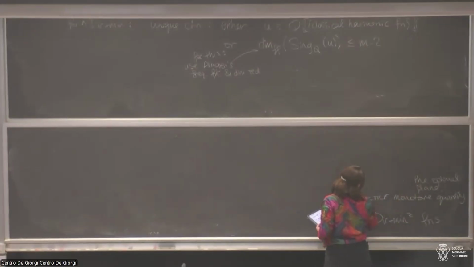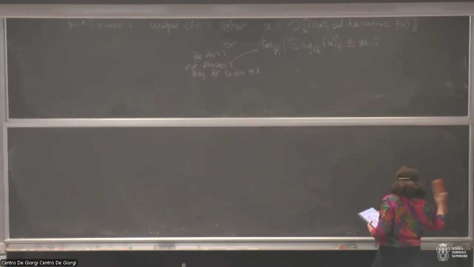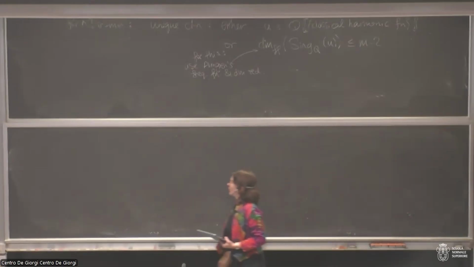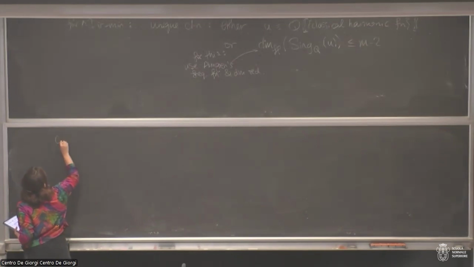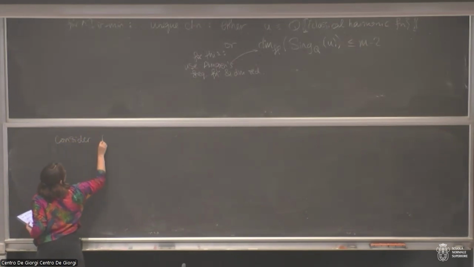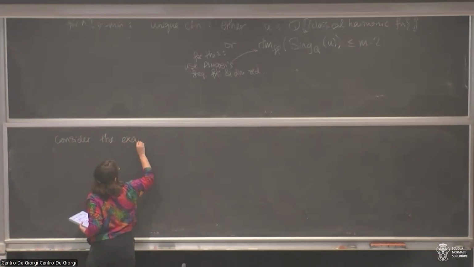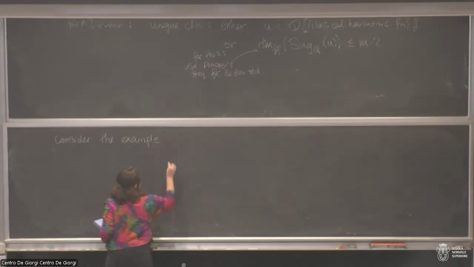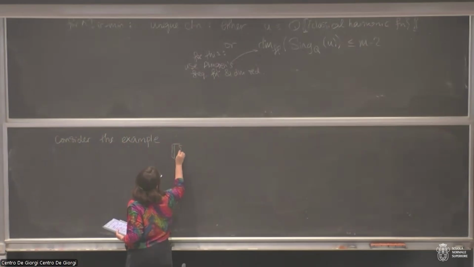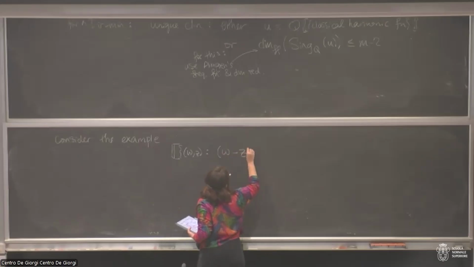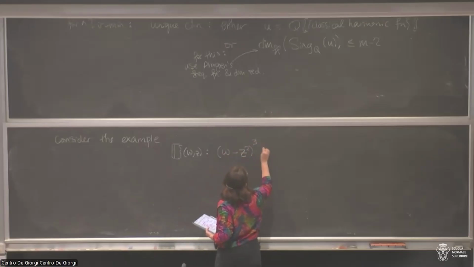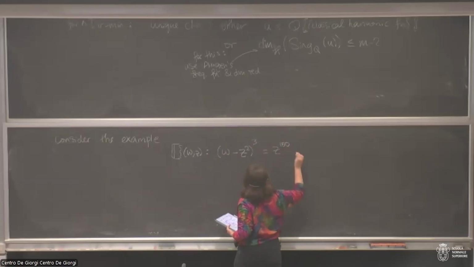So what can go wrong? Well, let me tell you with another more complicated example of a holomorphic curve. So consider the example of (w, z) such that w minus z squared, cubed, is z to the 100.